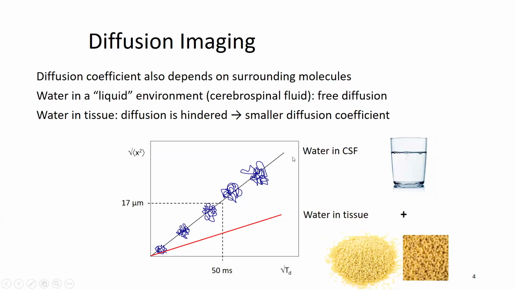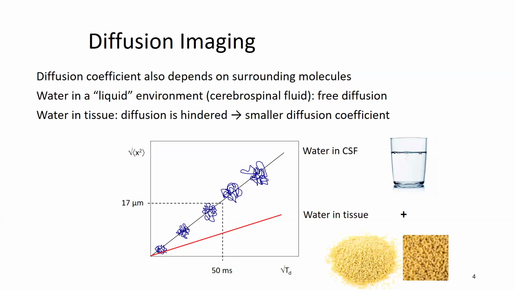The molecules have a certain freedom of diffusivity, and it's shown here by this line. But what happens when we put in the couscous or the macaroni, which in the brain is of course just brain tissue, then at the same time the distance is shorter. So this red line is less steep because the molecules can only travel over a much shorter distance.